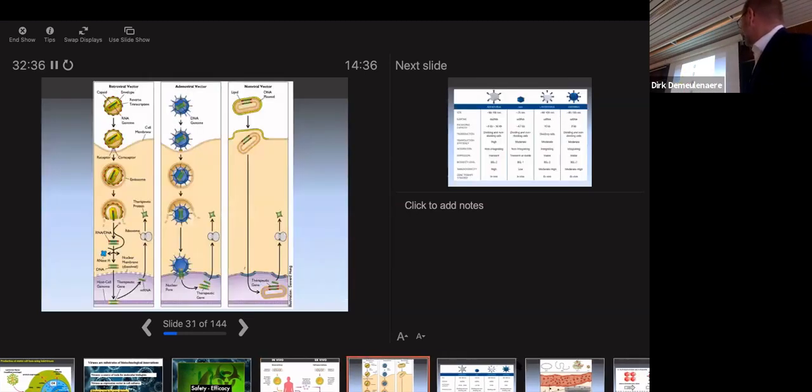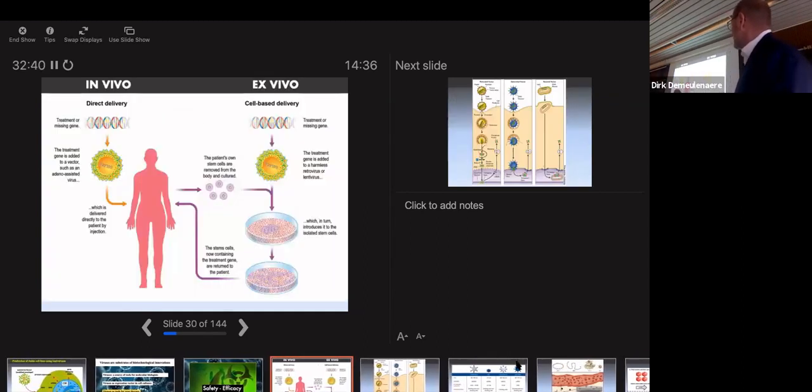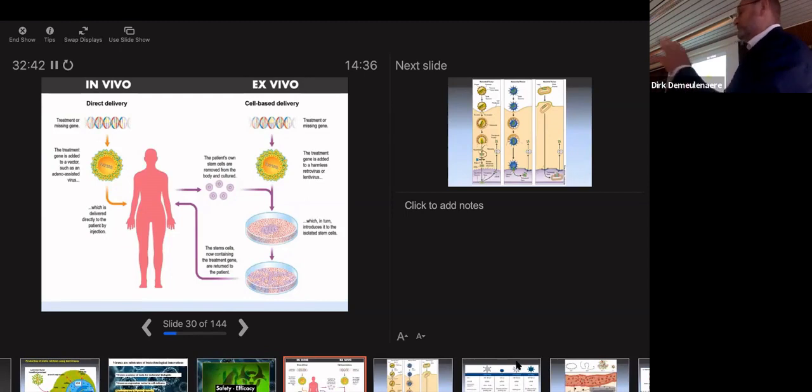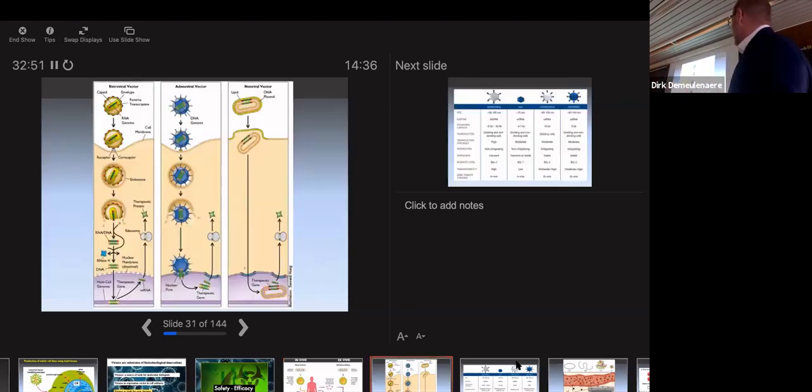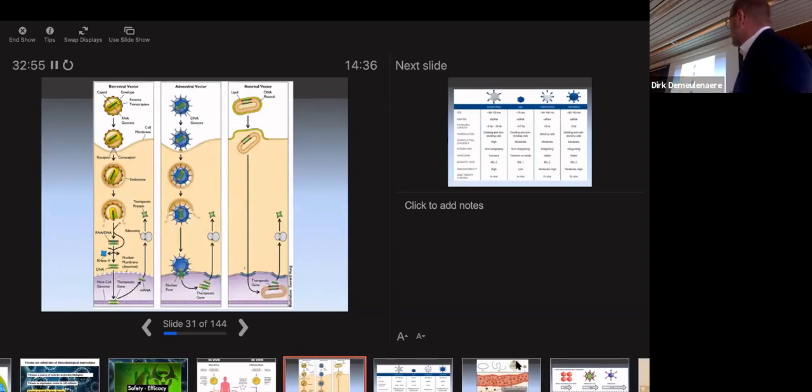Now, in terms of viruses in association with these two main concepts, in vivo and ex vivo, they're actually the parallel of two main types of modification. And this relies on whether the virus that you use to restore the gene will integrate into the genome or not.